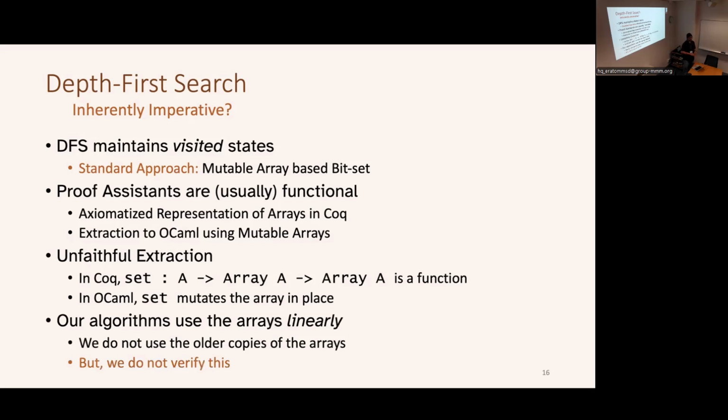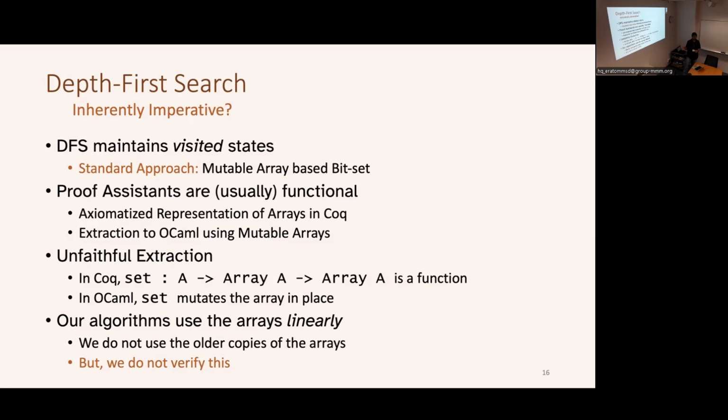However, our algorithm, namely depth first search, always uses the array in a linear manner, in the sense that I do not use the older copy of the array, and I just use the newer copy of the array. So it is fine to mutate this in place, but this is a part of the extraction which is unfaithful to how the code works in Coq.